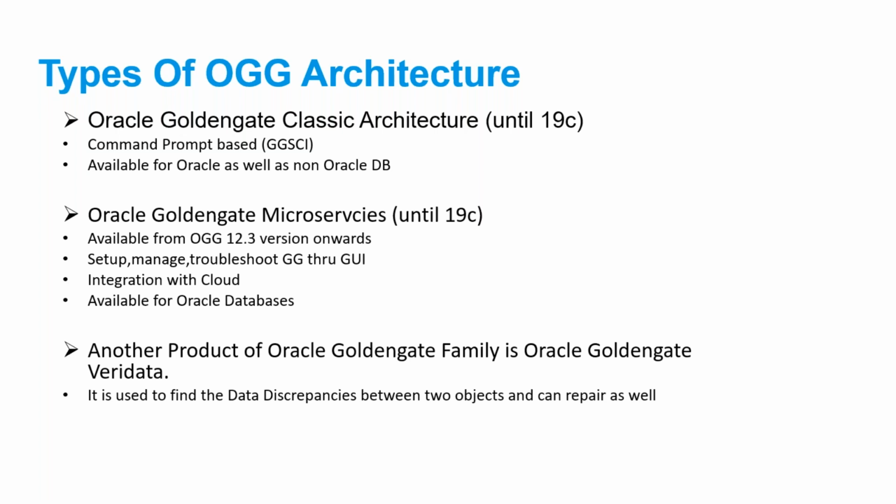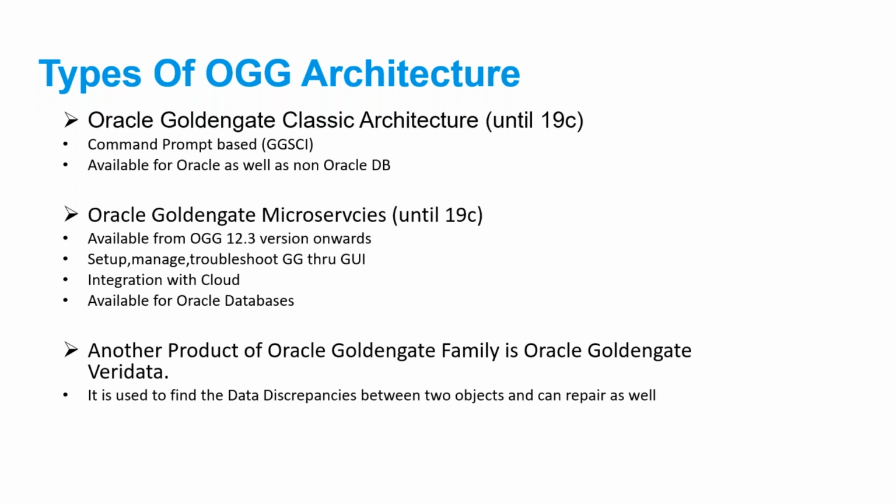Goldengate was founded in 1995. In 1995, remember, it wasn't Oracle Goldengate, it was Goldengate. It was founded as a standalone company and named after the famous San Francisco bridge, the Golden Gate Bridge. From 1995 to 2009, it was a standalone company. In 2009, Oracle took it over, and since then it is known as Oracle Goldengate.